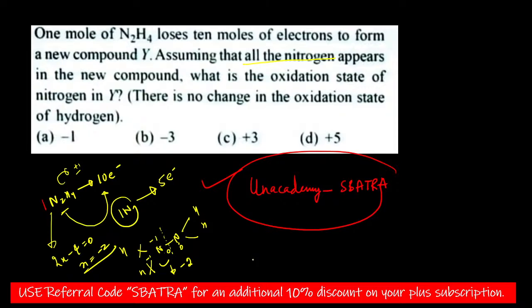The oxidation state of nitrogen is -2, so after losing 5 electrons the new oxidation state is -2 plus 5, that is +3. It goes from -2 to 0, then from 0 it loses 3 more electrons to reach +3. So the correct answer is option C, +3 oxidation state.